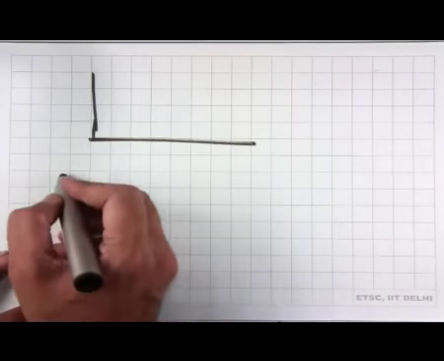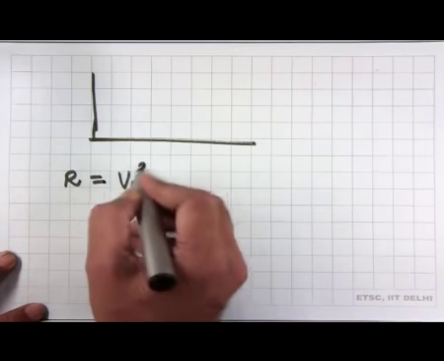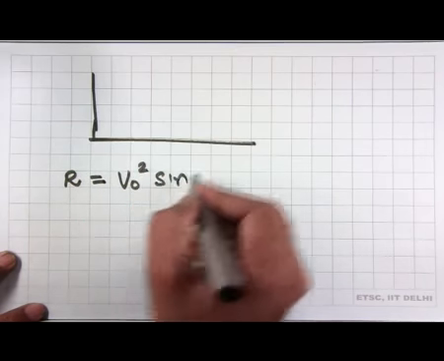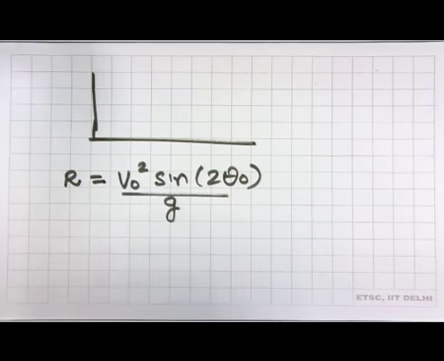Now, there is one more thing one can see in projectile motion. Let us look at the formula for the range. Range is equal to V0 square sin of 2 theta 0 by g.